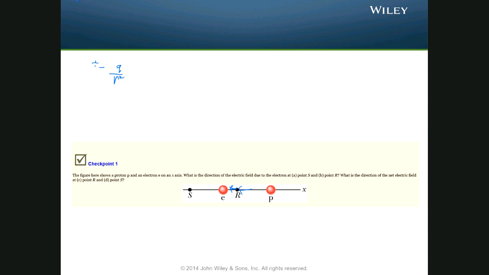So each charge starts to add here at R. So it's clearly going to the left. Or from R it's going to the right. I did it backwards. And at point R, we're going to the left. I hope you can see that.